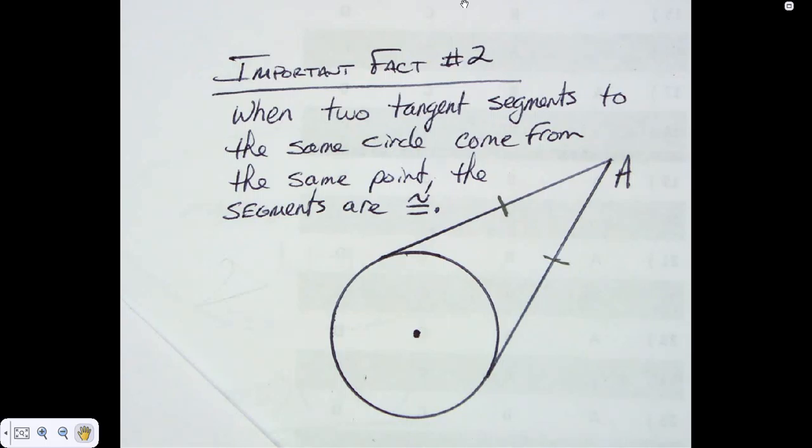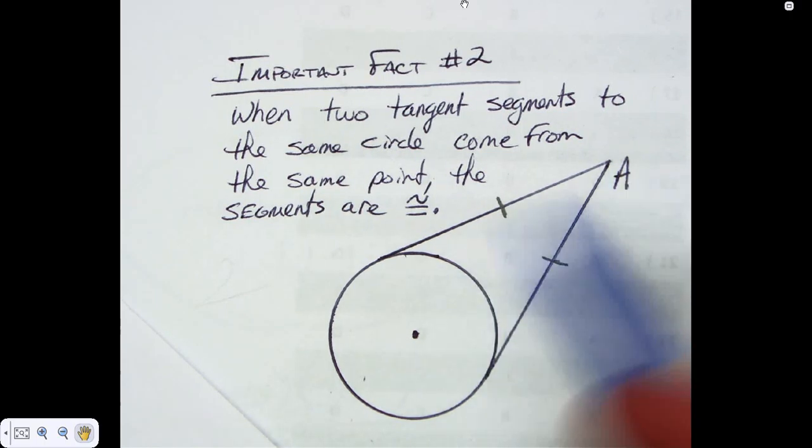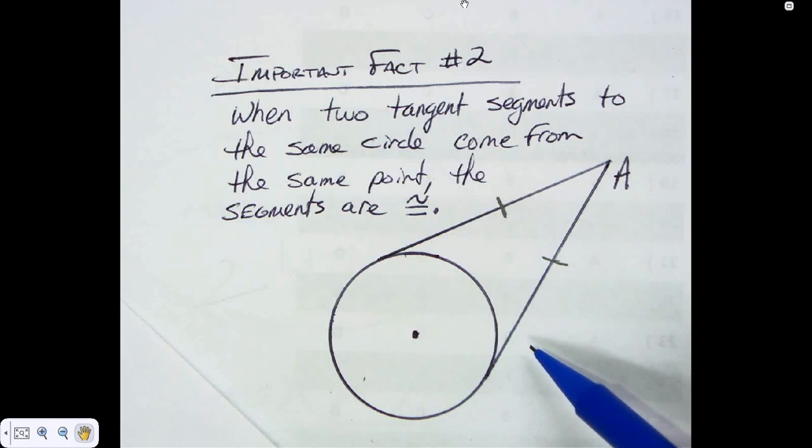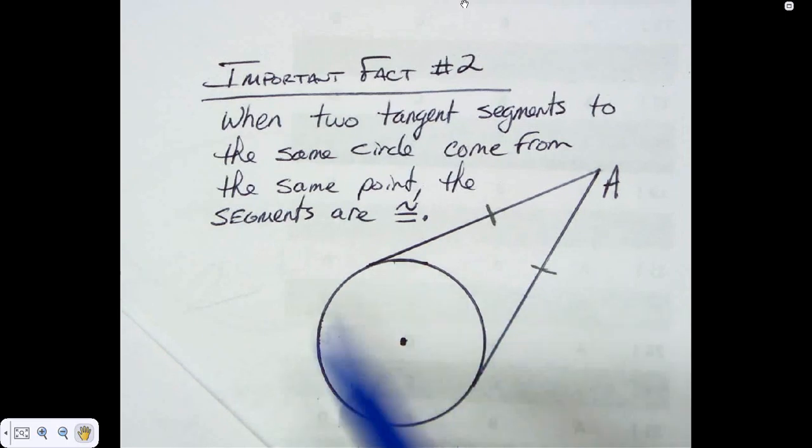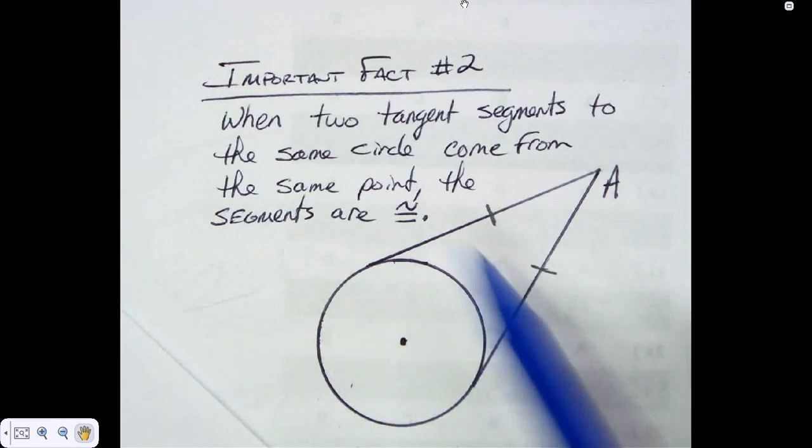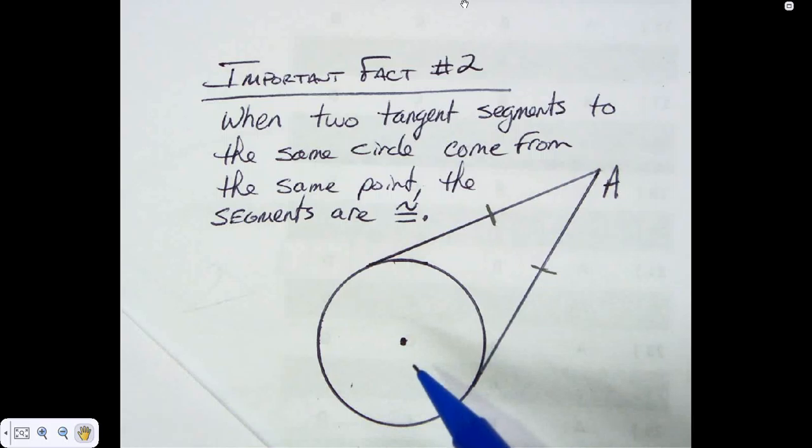They're always going to draw it perfectly, right? So when you run into a bind on a test and you can't remember exactly the theorem, you can somewhat go by how it looks. Not necessarily the measure of the angle, because they can mess with that. But doesn't it look like these two are congruent? Would you guys agree? Part of it is I used a template and drew a perfect circle. Actually, I just did it freehand, right? But you see the point I'm making?